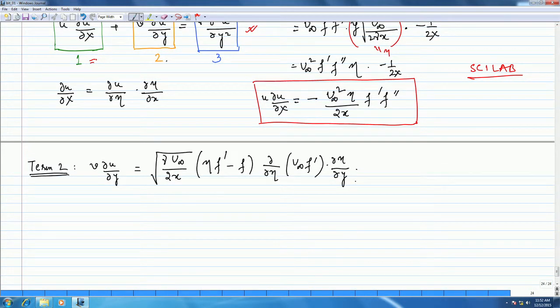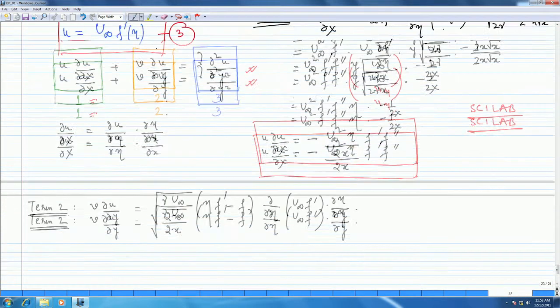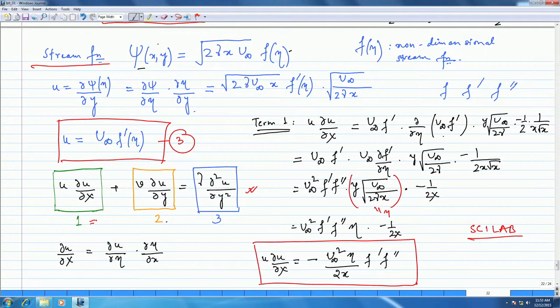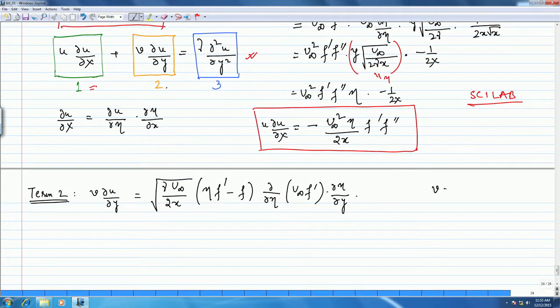I am not going to elaborate anymore. u is something that we found using the psi function like this, so what is v? v is nothing but minus del psi del x.